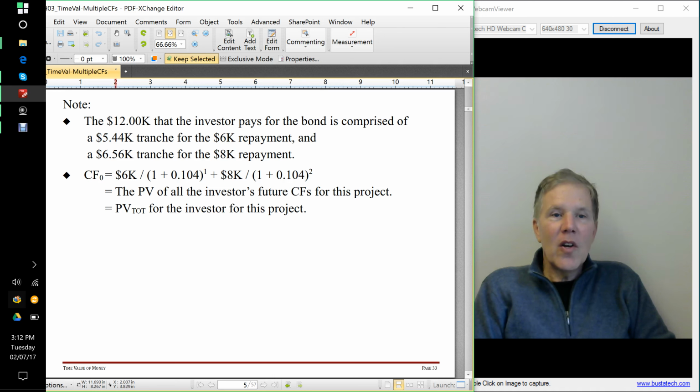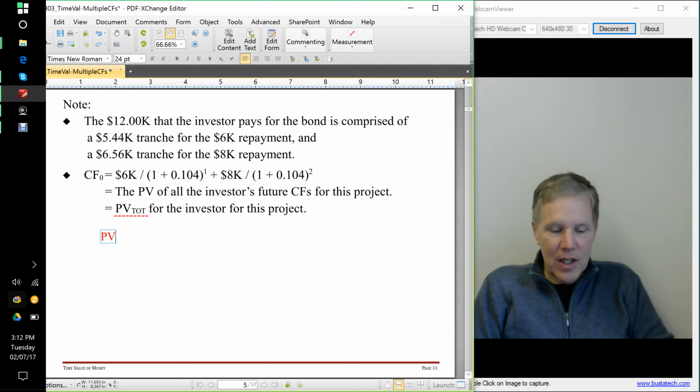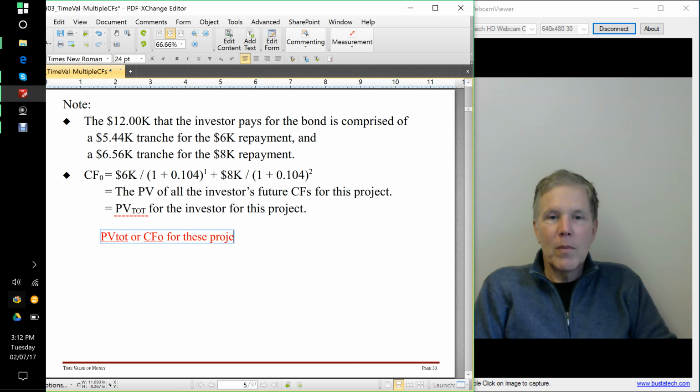We could call that, and we're going to start calling that, PV tote for the investor for this project. So in general, we're going to use PV tote or CF0 for these types of projects. We'll use one or the other for this type of multiple cash flow project.